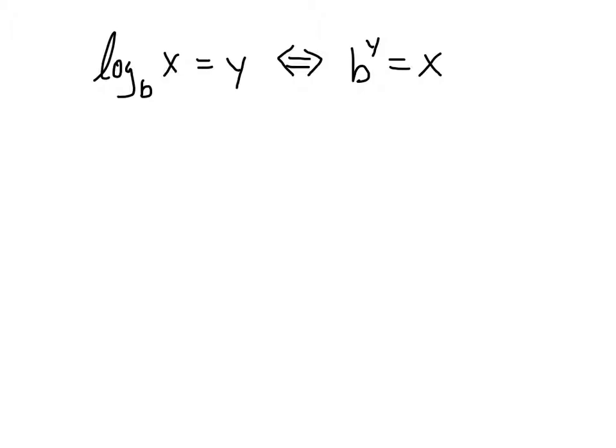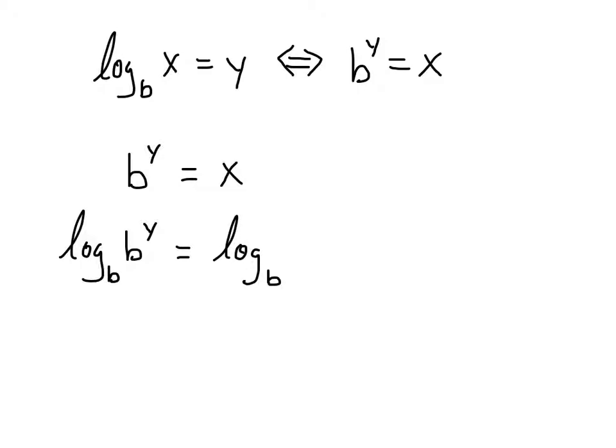I'm just going to be using that definition of a logarithm, and saying that if I take b to the y power and say that that equals x, what if I go through and take the log base b of both sides? So I want to say I've got log base b of b to the y power and log base b of x. Right?